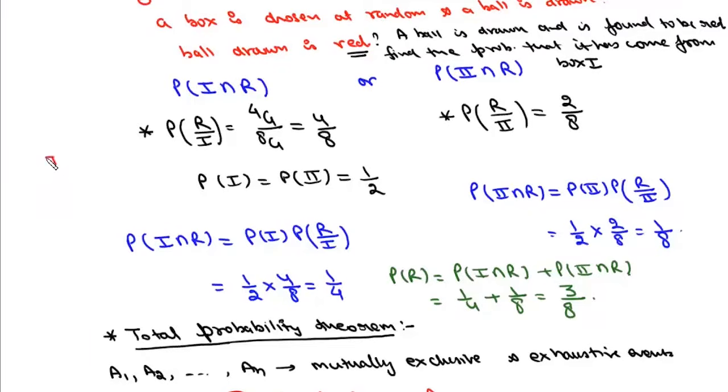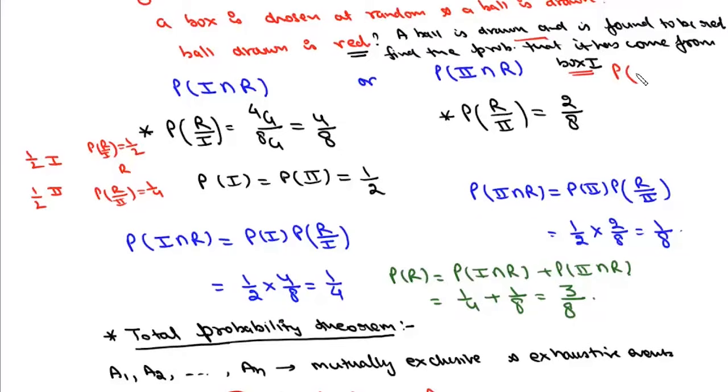Our setup was box 1, box 2, probability of choosing box 1, 1 by 2, probability of choosing box 2, 1 by 2. Probability of red from box 1 is 1 by 2, and probability of red from second box is 1 by 4.